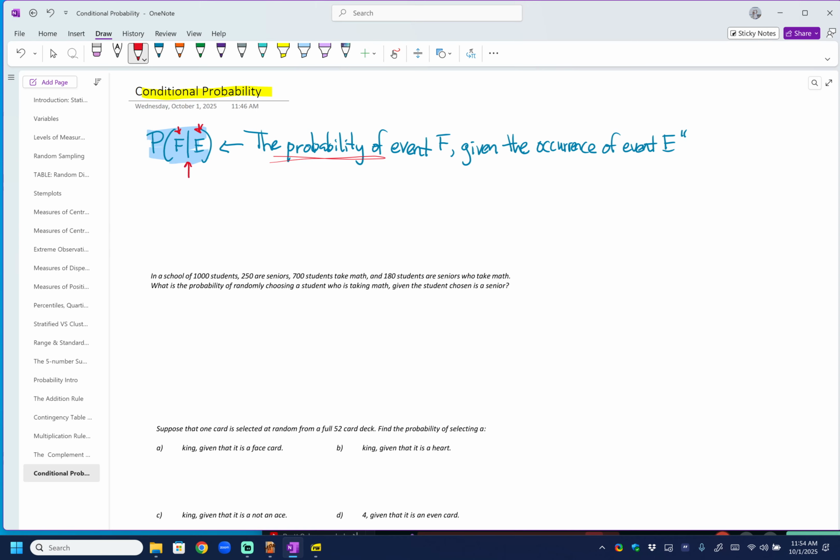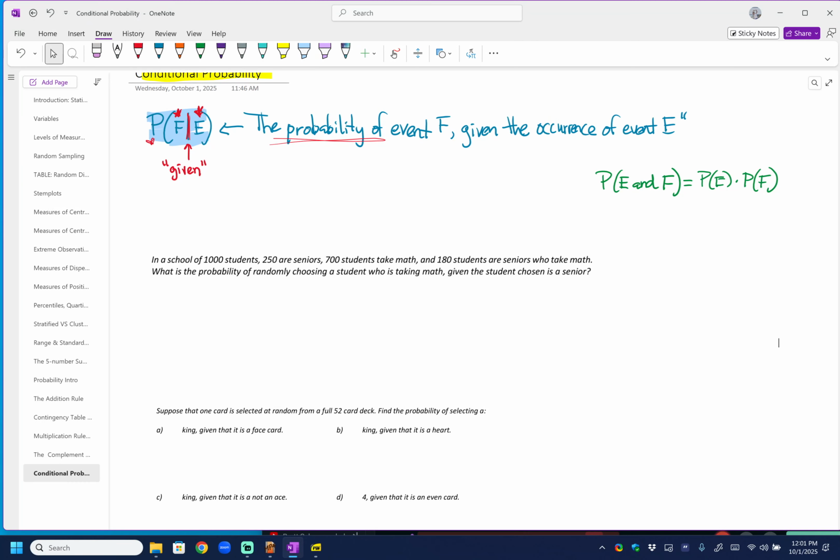This symbol, which is called a pipe on the keyboard, is also another word for given. So again, this symbolism highlighted in blue represents the probability of the event F given that the event E has occurred.